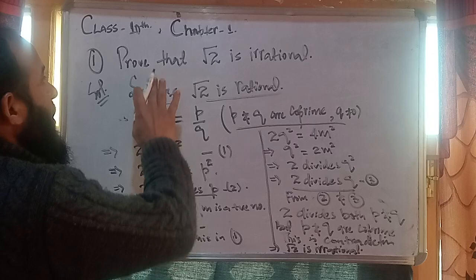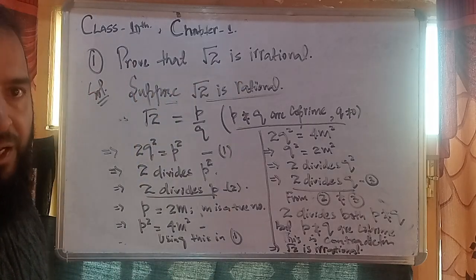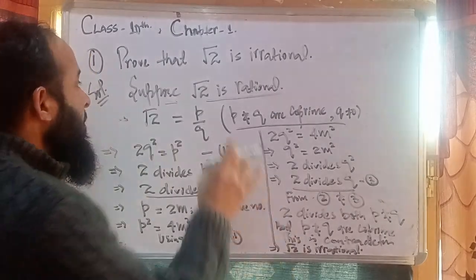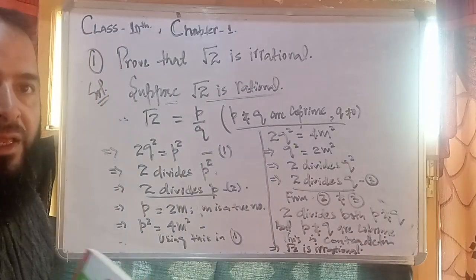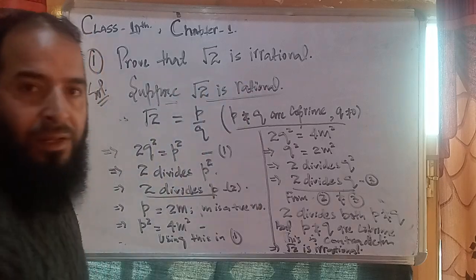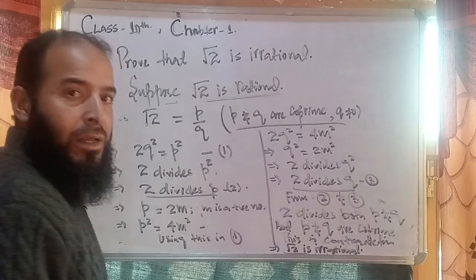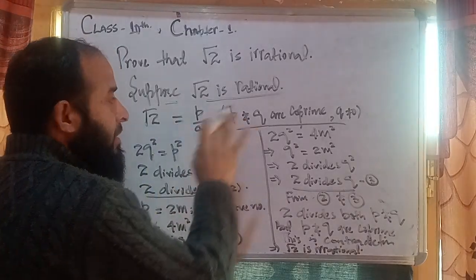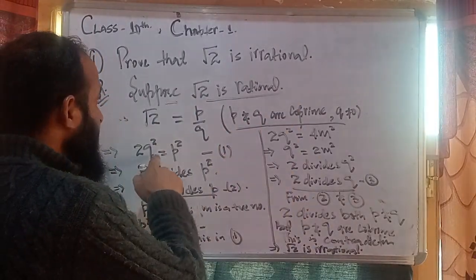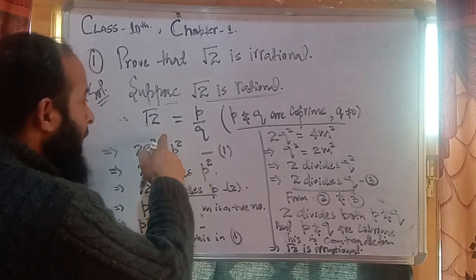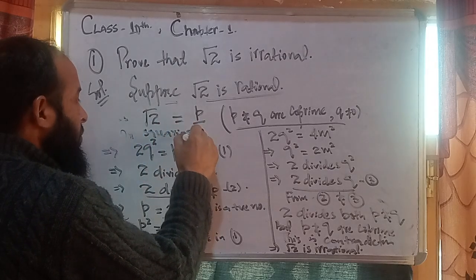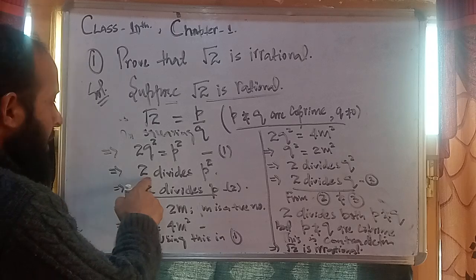Let's recap this. We have to prove root 2 is irrational. In order to prove this, we take a supposition: let's assume that root 2 is rational. Then it can be expressed in p by q form where p and q are co-prime, and on squaring, 2q square is equal to p square.